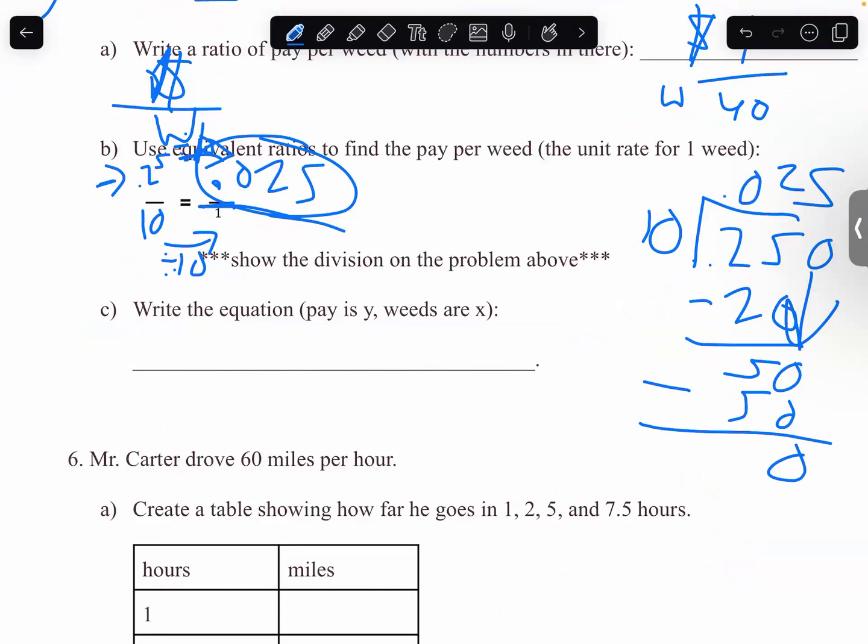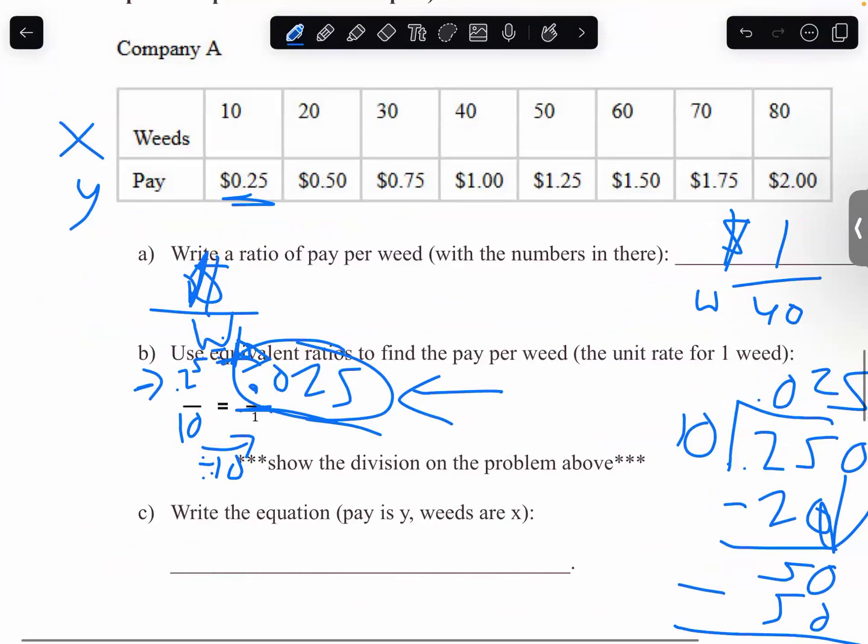All right. So the equation here, the reason I got you to get this unit rate here, right, for one weed, is that's what it's times for each one of these. So this is times 0.025. Each one of those is times 0.025, right? If you did each one of those, that would be what it's times.